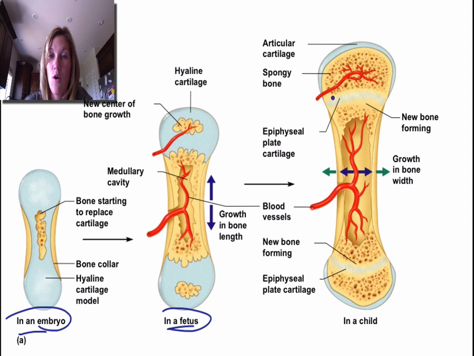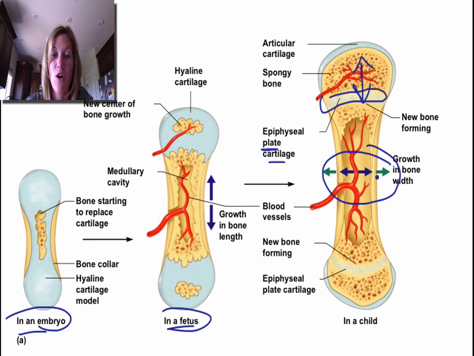And then we have our epiphyseal plate here, which is made up of cartilage and allows for lengthwise growth, and then we have widthwise growth, which is called appositional growth. And see, there's another epiphyseal plate as well. See how you have two of those, and then you have appositional growth going on as well.